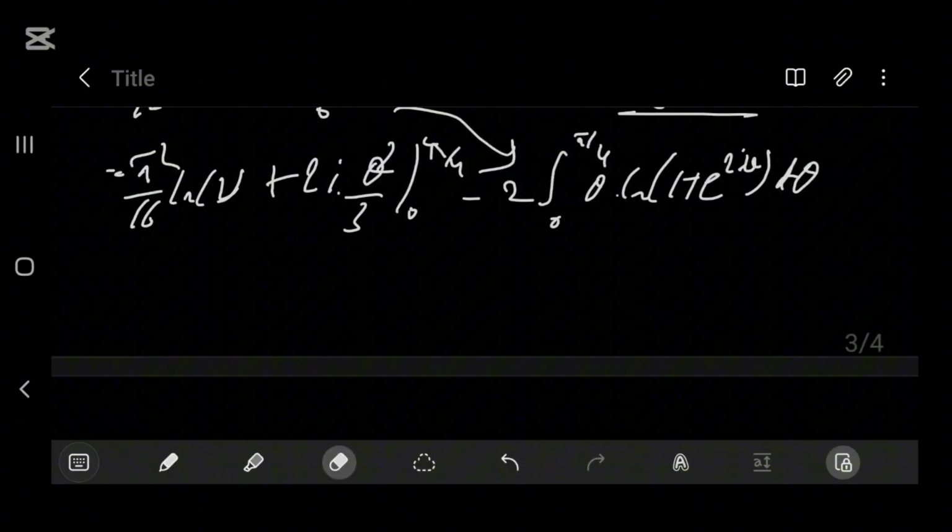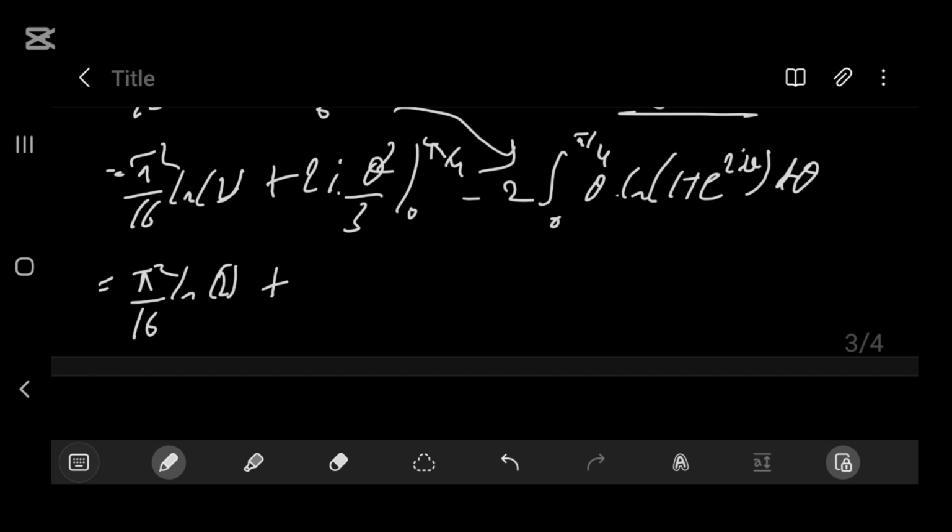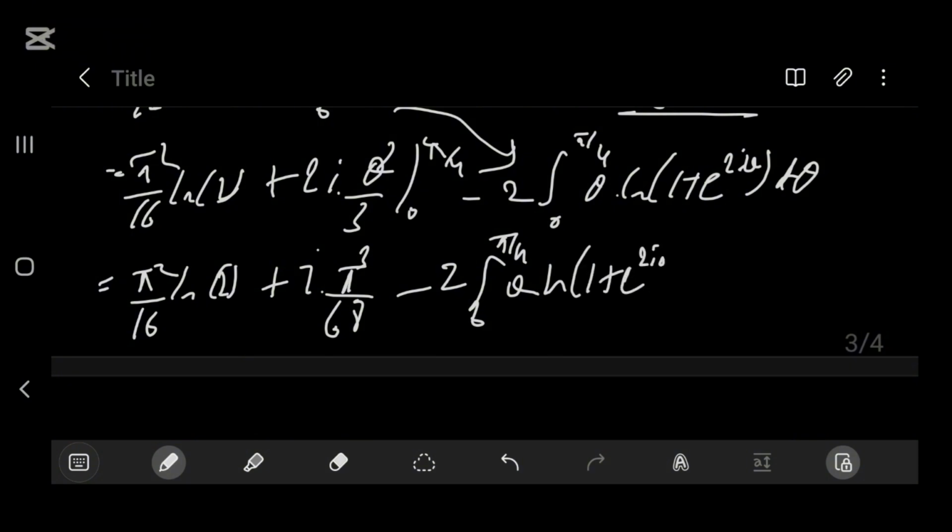Okay, when plugging this value, we'll have pi squared over 16 ln 2 plus i times pi cubed over 68 minus this integral portion, which is the integral from 0 to pi by 4 of theta times ln(1 plus e to the 2i theta) d theta.